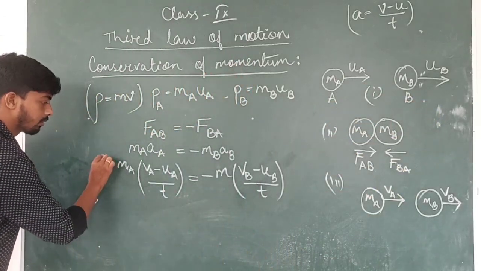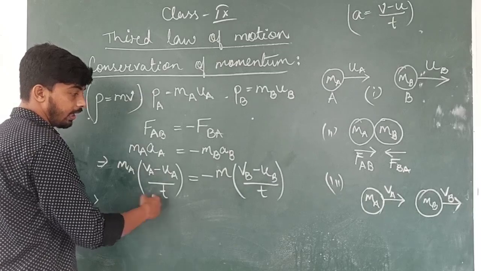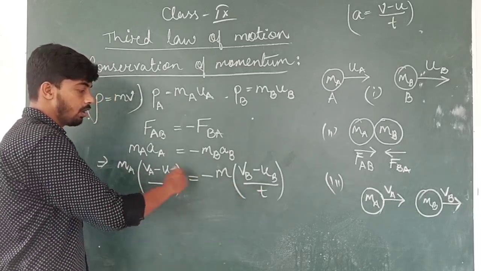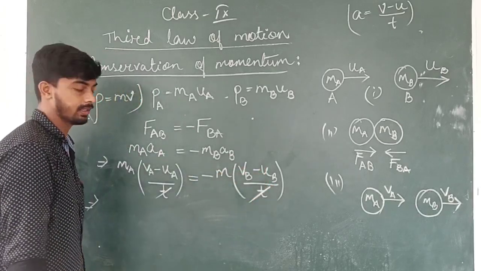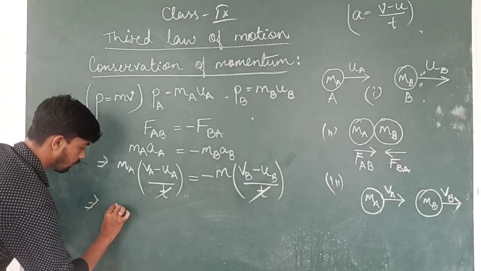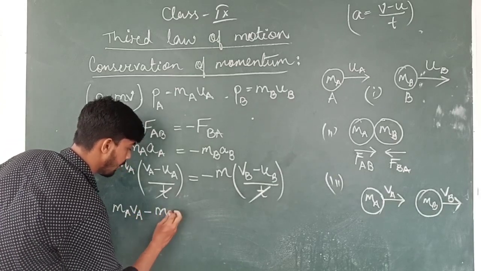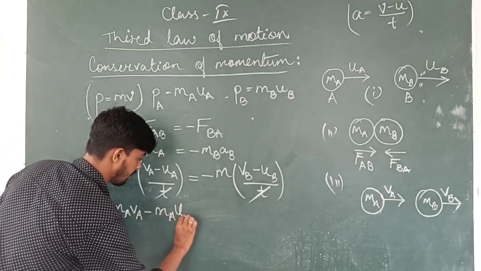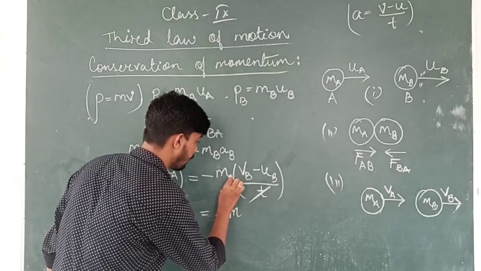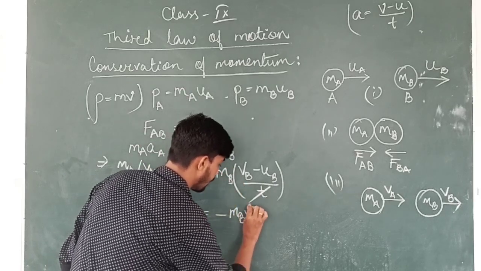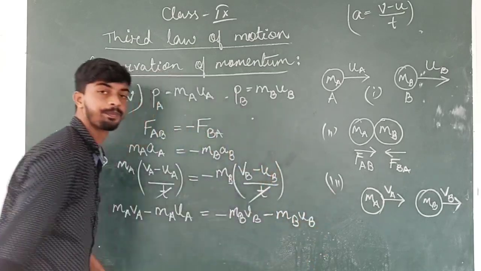So solving this one, breaking the equation means removing the brackets. If you see here, t is the same quantity on either side of the equal sign, so this and this will get cancelled. So multiplying, mA vA minus mA uA is equal to minus of mB vB minus mB uB.